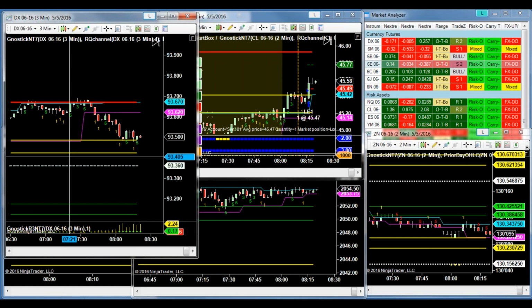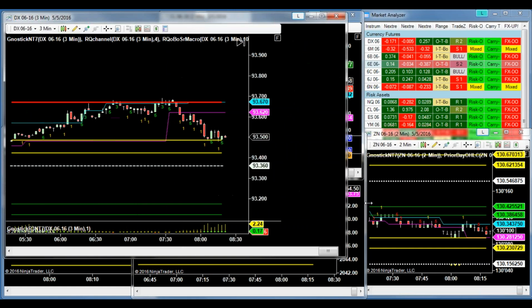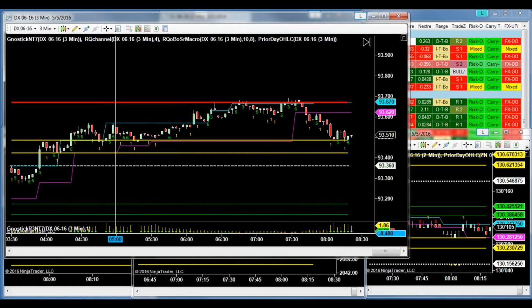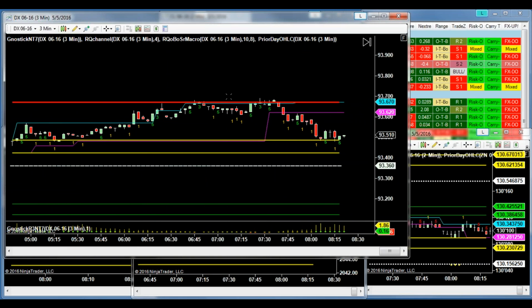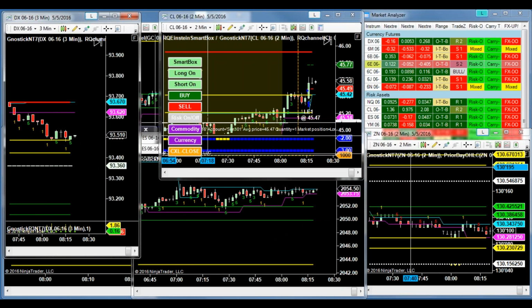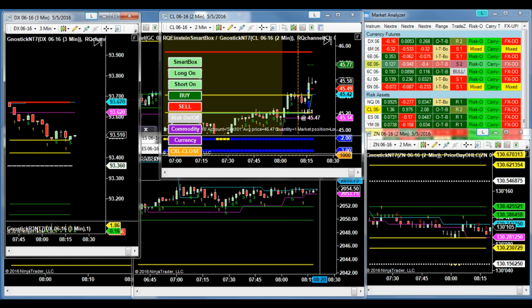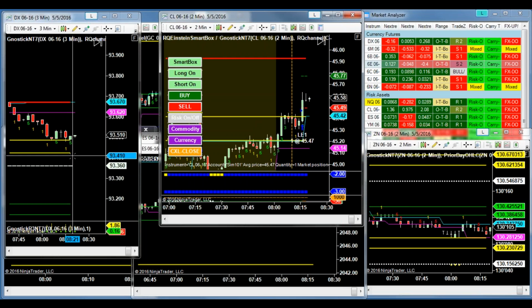So we had a pullback. We had a move up in the dollar. It pulled back, and on this pullback is where we're getting this little breakout. So the question is, are the correlations going to help us?